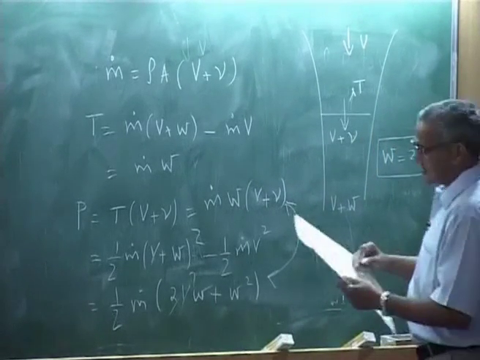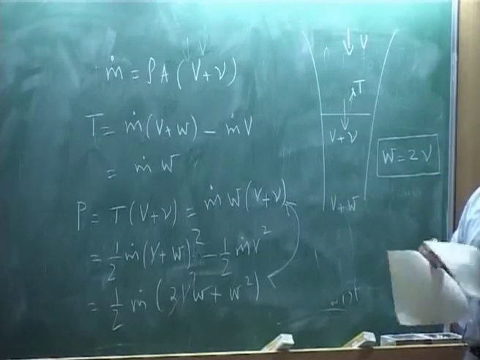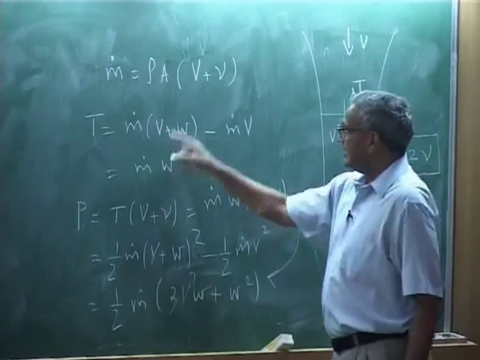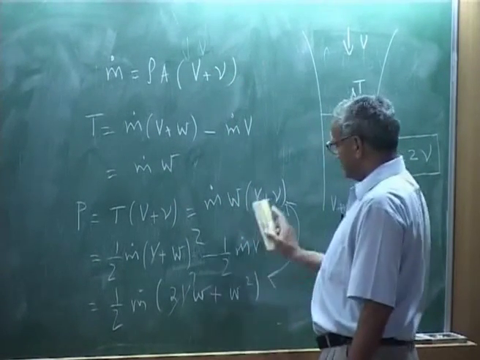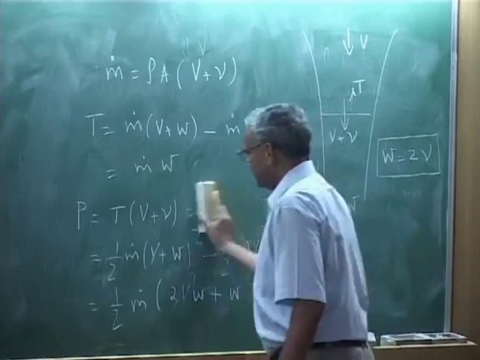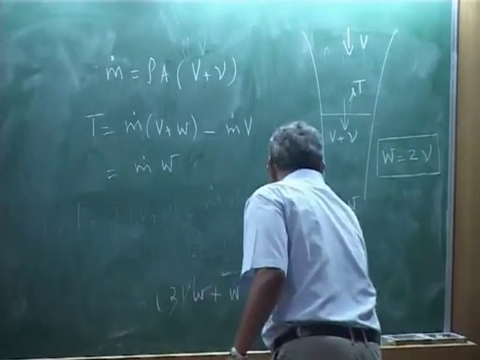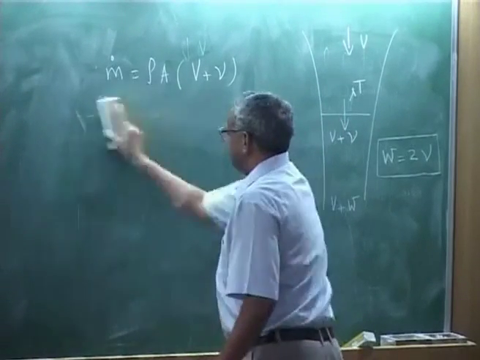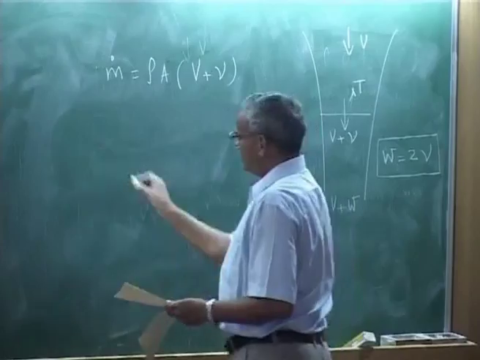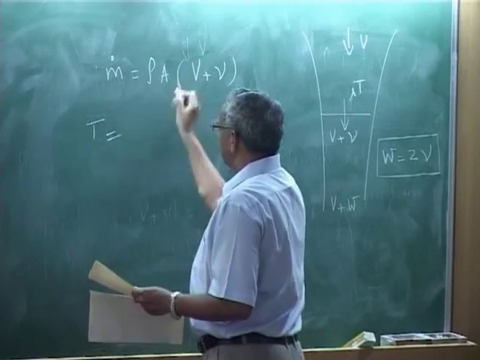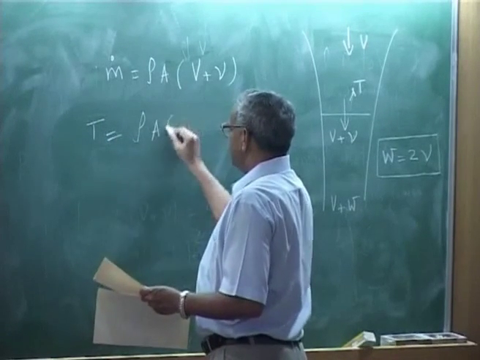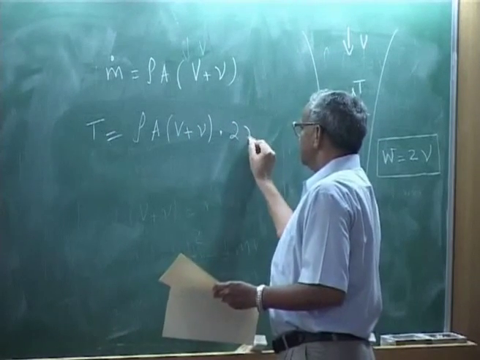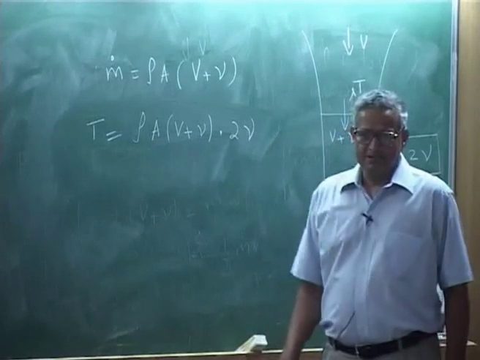Now, what is my thrust and the power? Thrust is m dot W, m dot is given here, so maybe I will erase this. Okay. So, my thrust is rho A (V plus nu) into 2 nu, that is all.